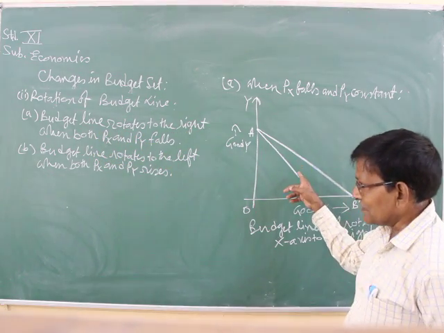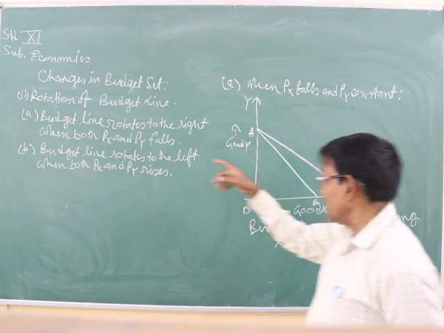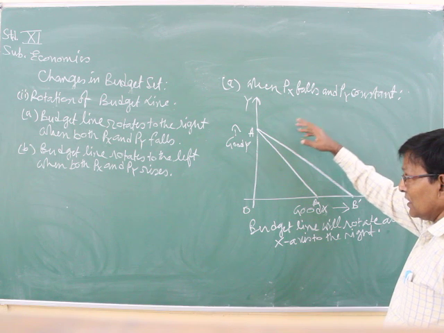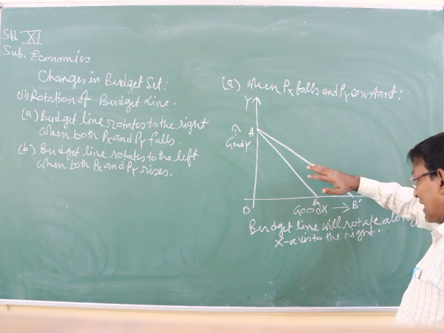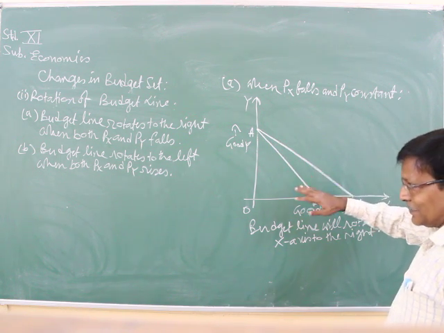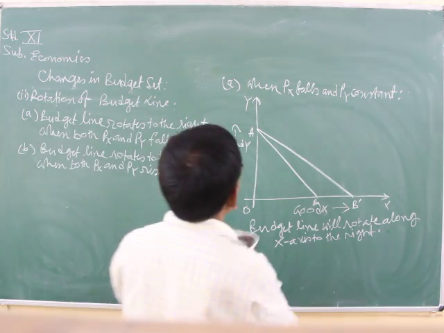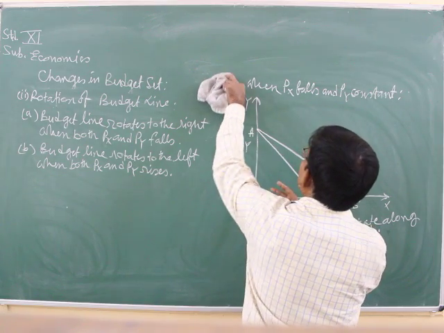We told you earlier that the budget line rotates to the right. So that is the first subcase of case A: when the price of good Y remains constant and the price of good X falls, the budget line will rotate along the x-axis to the right. Next, there is one more case.